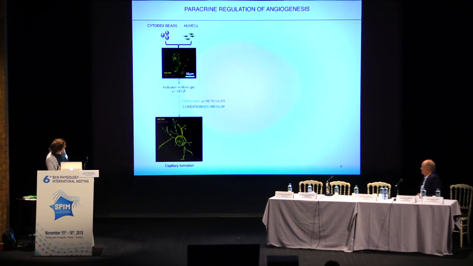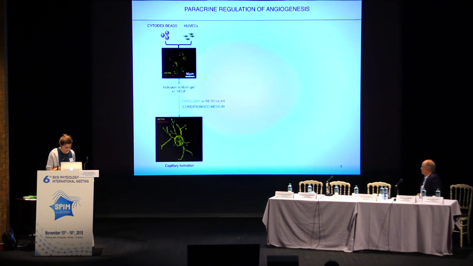We then include this covered bead in a fibrin gel in the presence or absence of vascular endothelial growth factor. We then add on top of this hydrogel papillary or reticular conditioned medium. And after 4 days, as you can see in this 3D representation, the endothelial cells sprout from the bead and form capillaries in 3D.